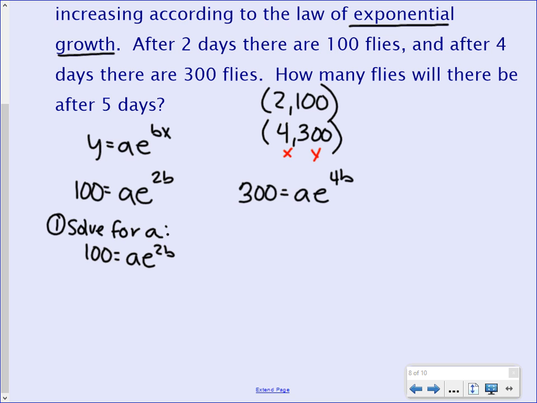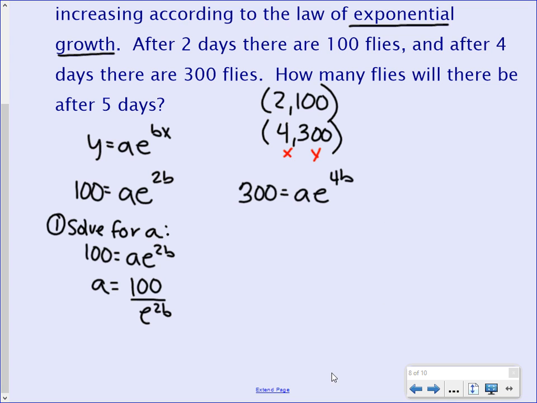How would I solve for my initial amount if it's being multiplied by e to the 2b? Divide by e to the 2b. So I'm going to divide both sides by e to the 2b. A is equal to 100 divided by e to the 2b. So now I have a in terms of b.